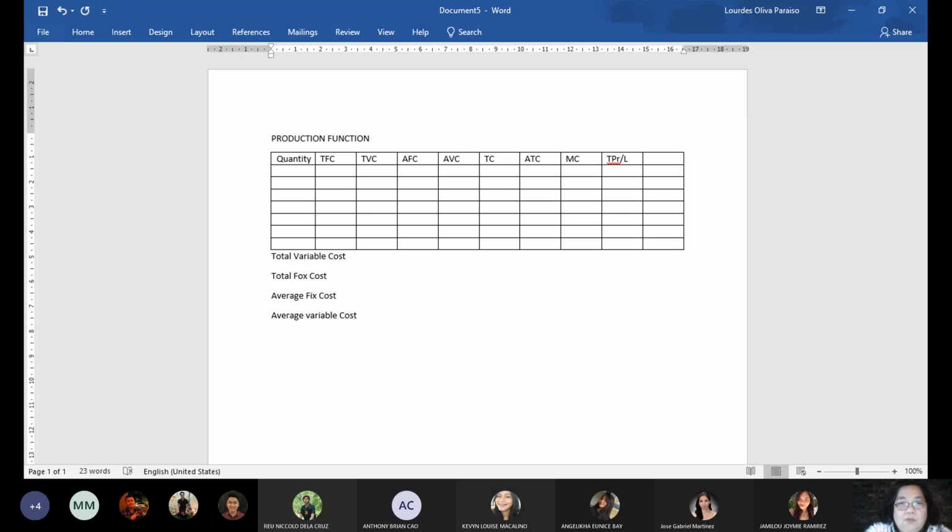And then you have your total cost, you have your average total cost, and you have your marginal cost, and you have your total profit or losses.